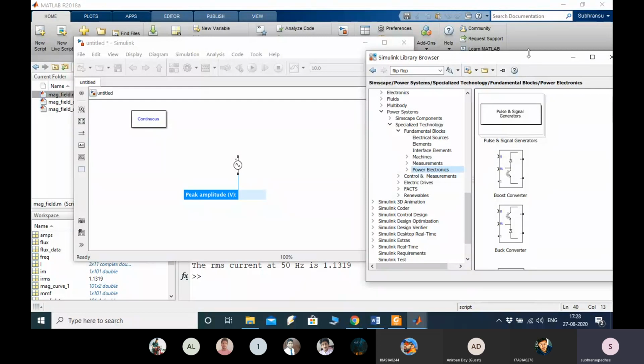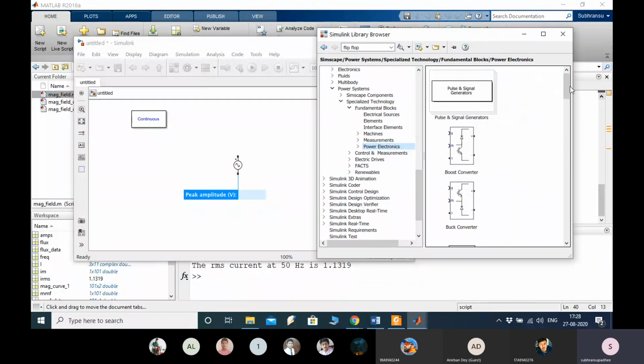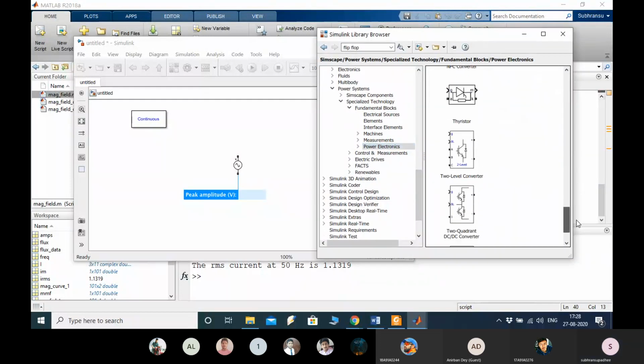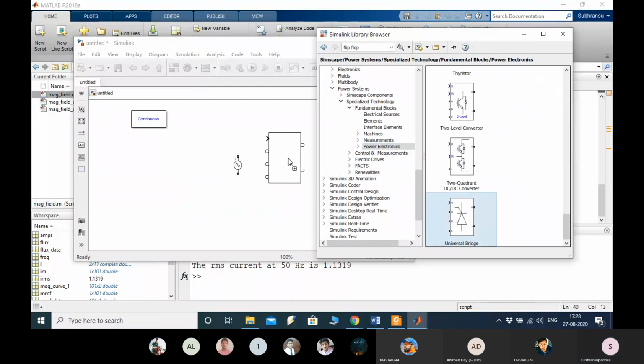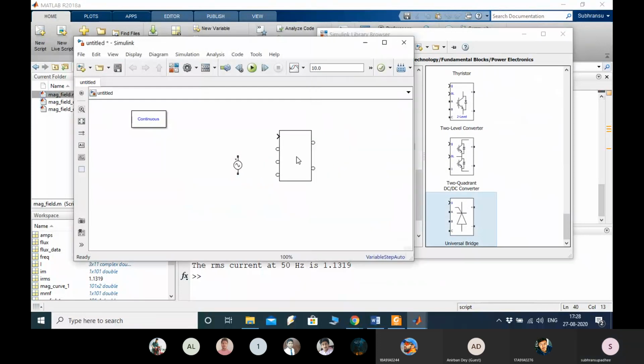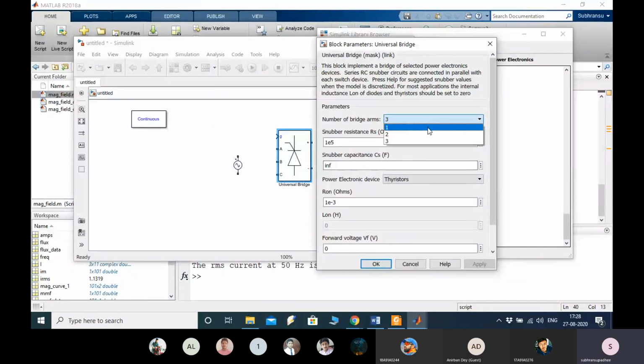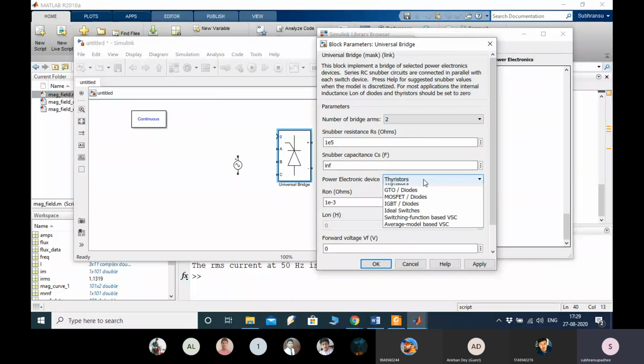Take the source, go to AC voltage source, and go to universal bridge. Double click on it. Bridge arms are 2. It should be diodes. Okay.